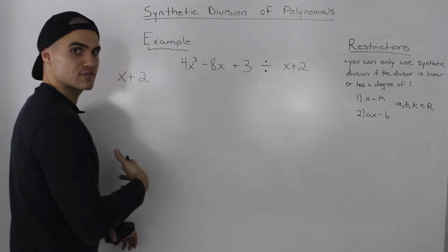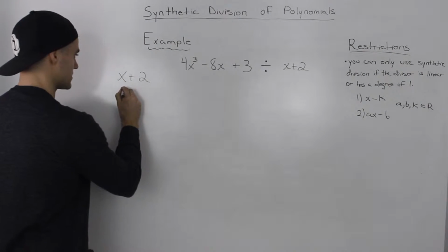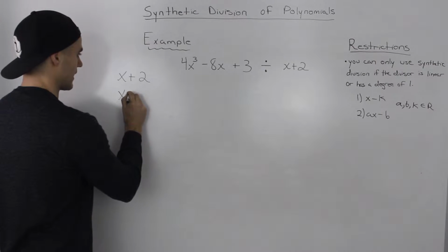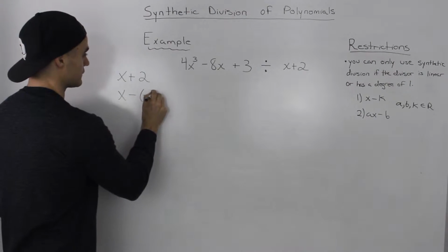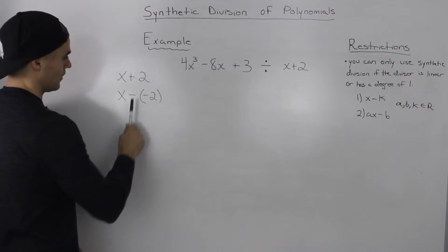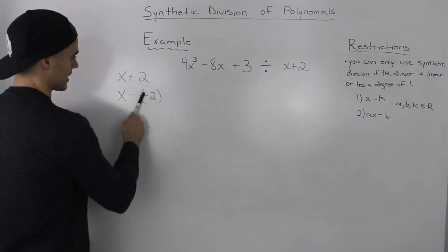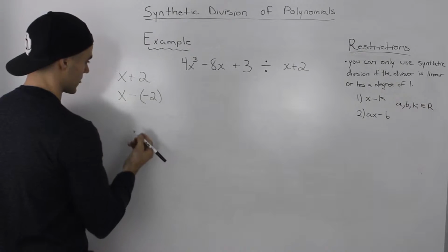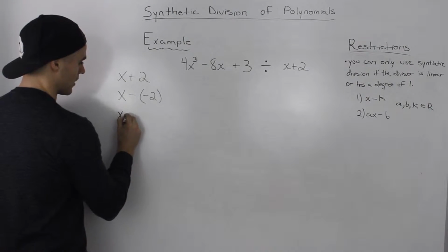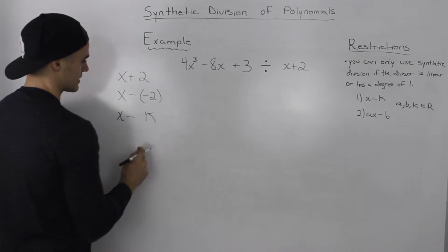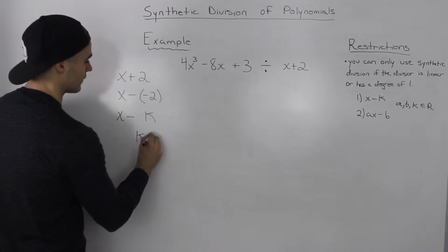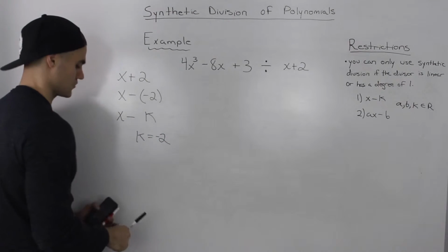However, if we take this divisor and manipulate it, so what if we write something like x minus negative 2? Well, that's the same as x plus 2. I just took this plus and I made it into two negatives. And now it's in the form of x minus k, and our k value is negative 2.